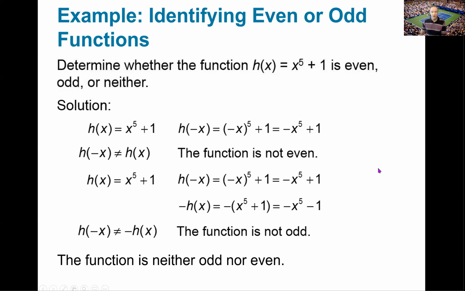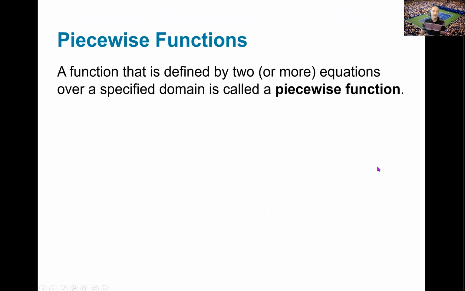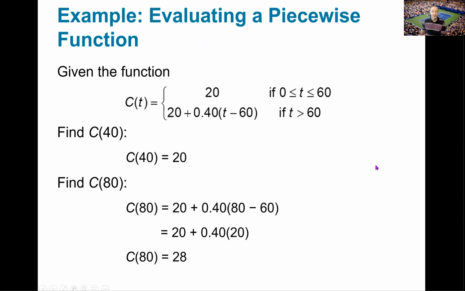So now, if I'm looking at piecewise functions here, a function that is defined by two or more equations over a specified domain is called a piecewise function. Let's look at an example of that. Here I'm giving you a simplistic cost function where C of t is going to equal 20 anytime the number of units t that are produced is between 0 and 60, inclusive of the endpoints.